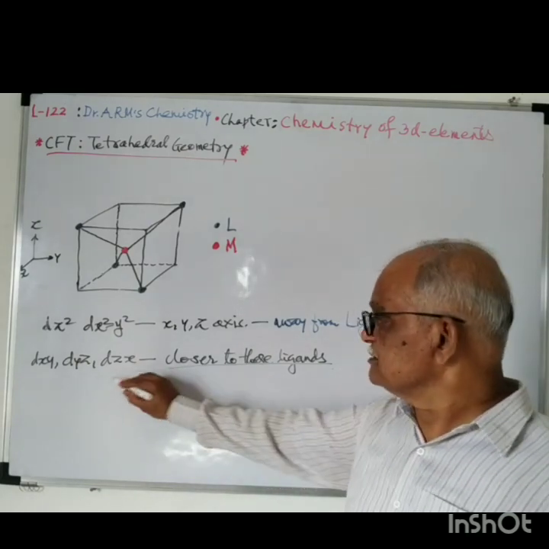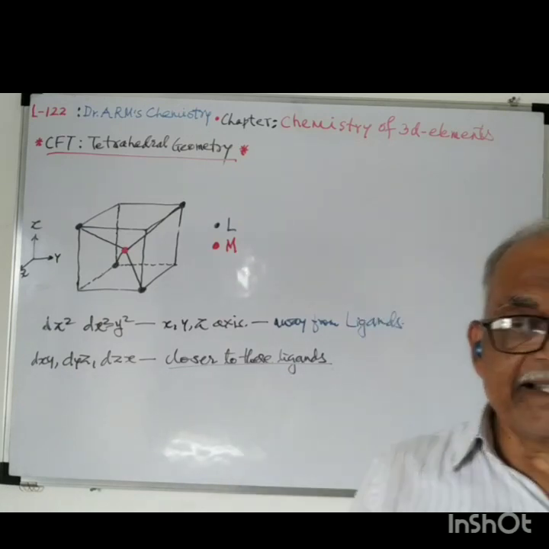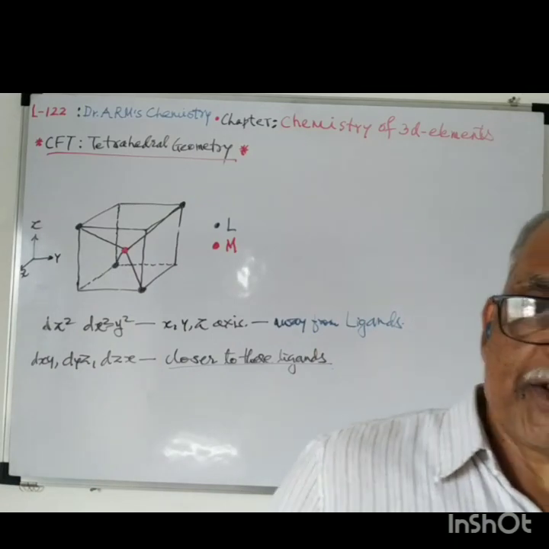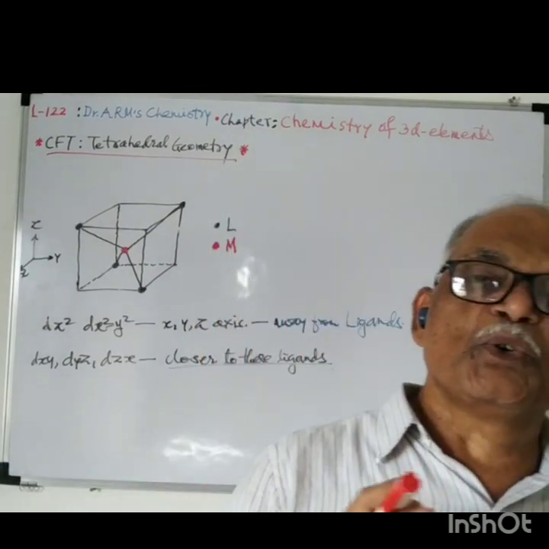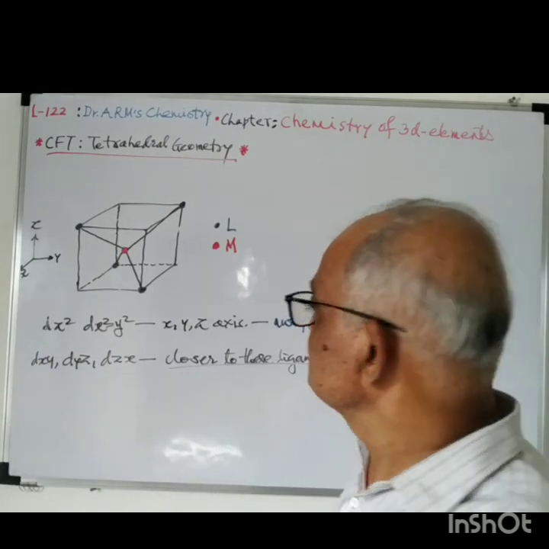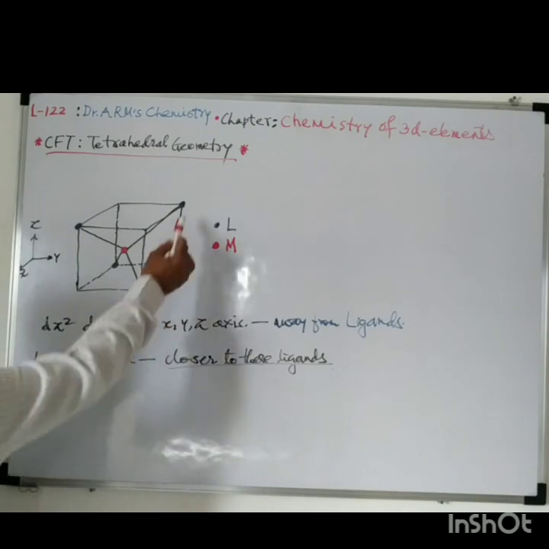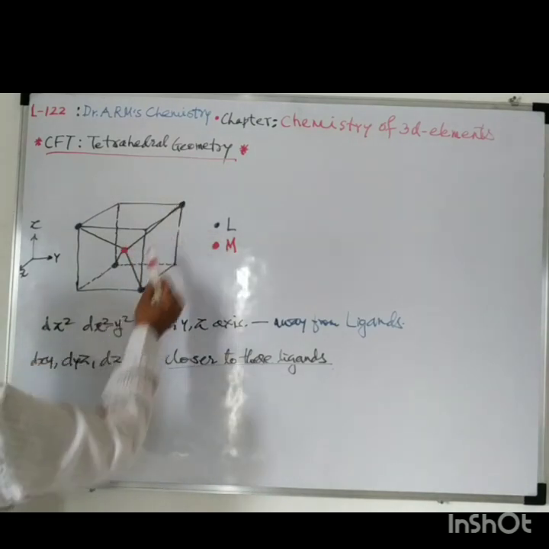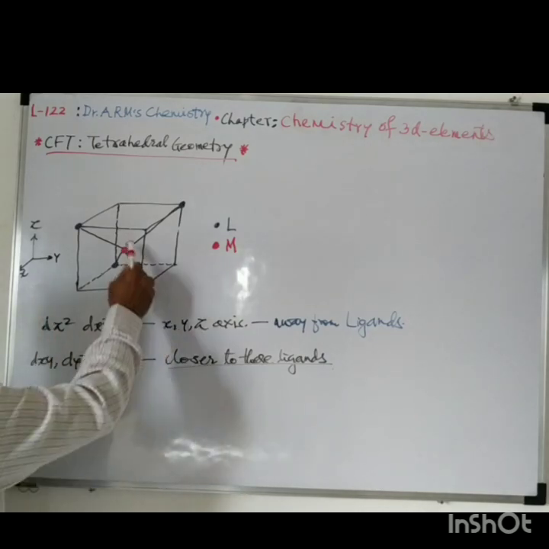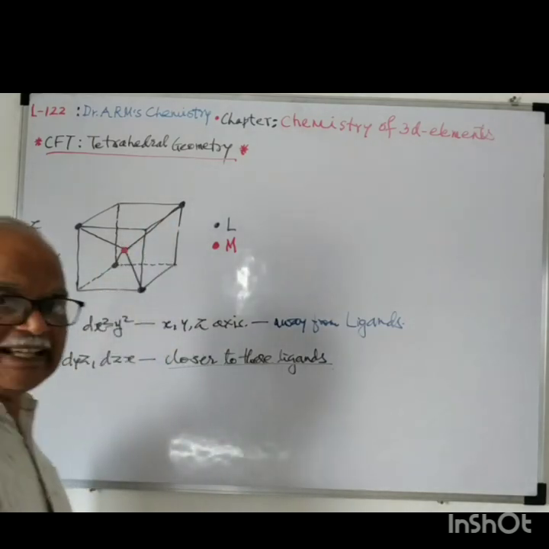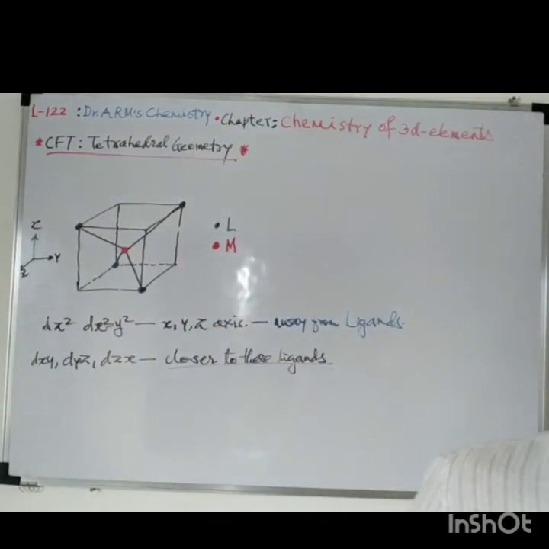Whereas these other orbitals are not lying exactly in the direction of the metal-ligand bond, but they are lying closer to this direction. So this is the metal-ligand bond. These dxy, dyz orbitals are not pointing exactly in the direction of the ligands, but they are lying relatively closer to them.